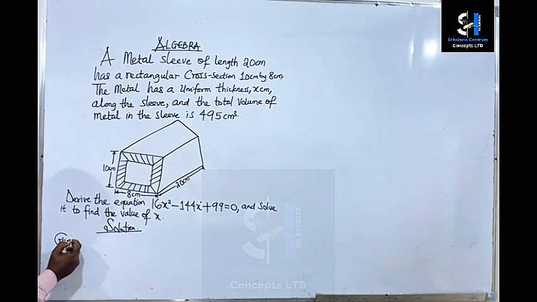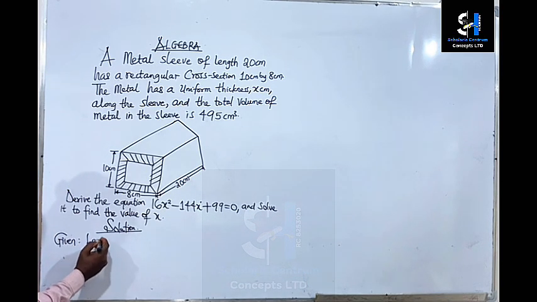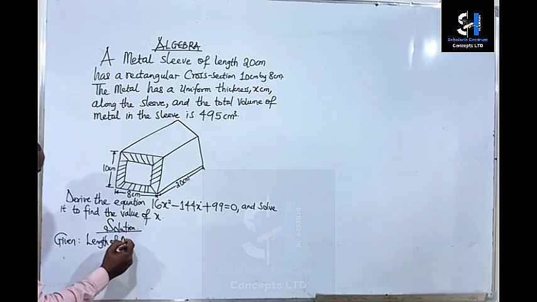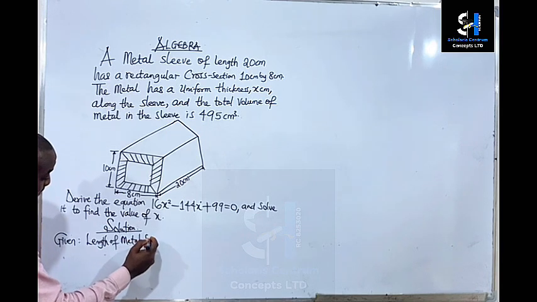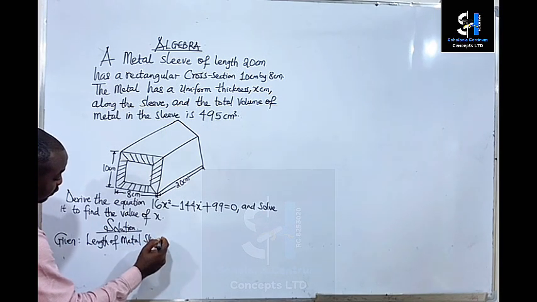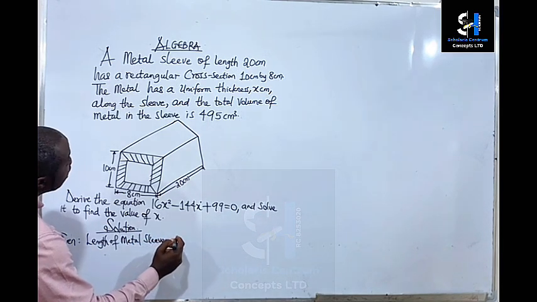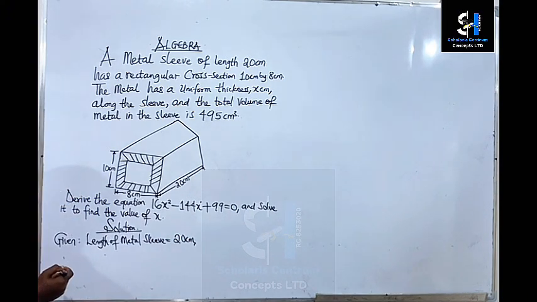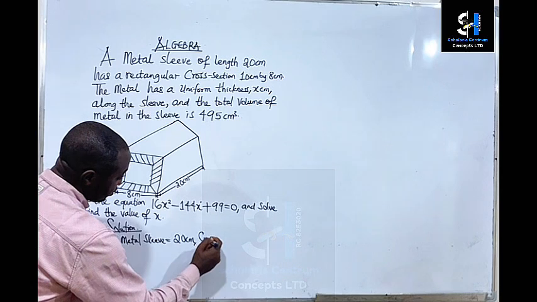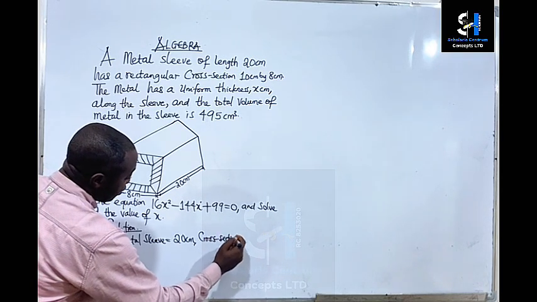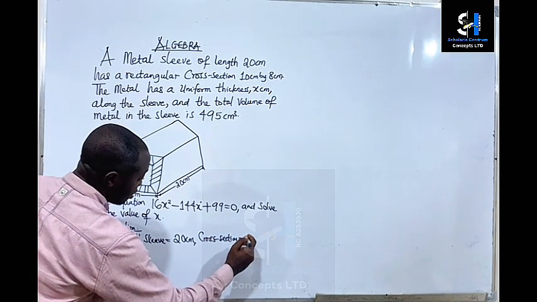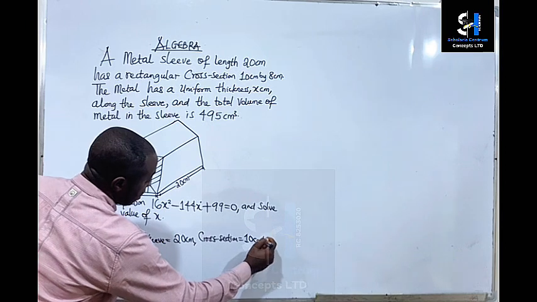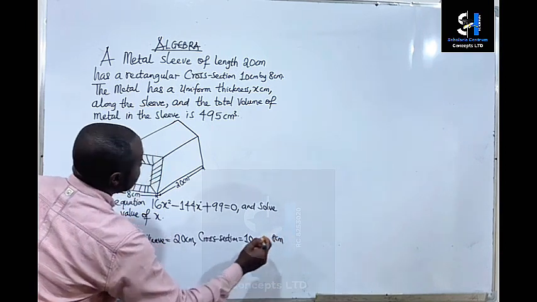We are given in the question the length of the metal sleeve, that's given to be 20 centimeters. Then we are given the cross section, which is 10 centimeters by 8 centimeters.